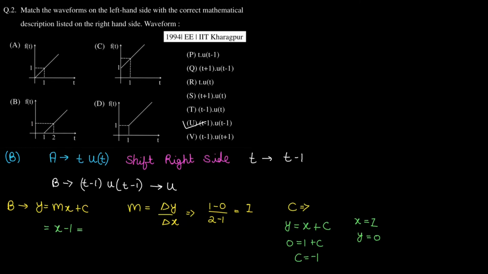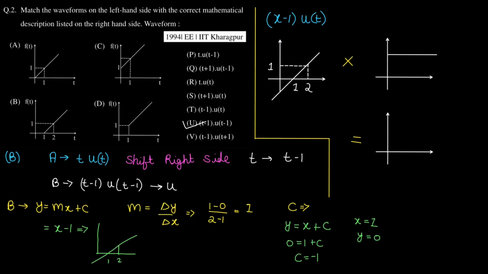On drawing the equation x minus 1, our line will pass like this. It is 1 here and it will be 2 here. And it will also go on the negative side. But in the question, it was not on the negative side. So we have to multiply by the unit step signal here. On multiplying these two waveforms, we will get our output signal like this.